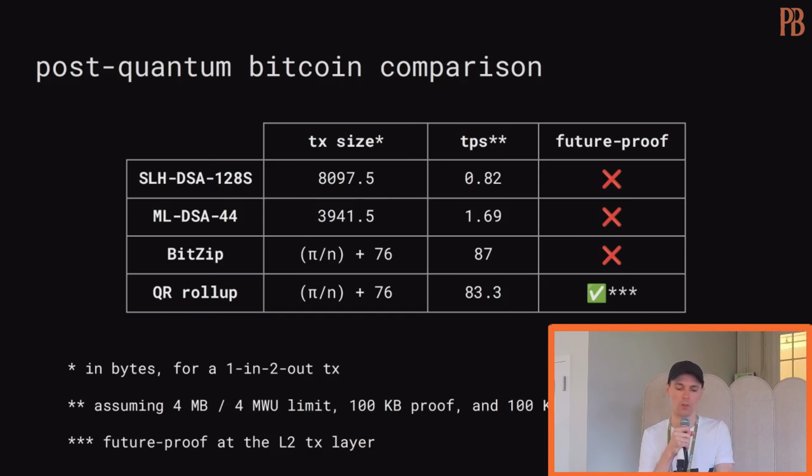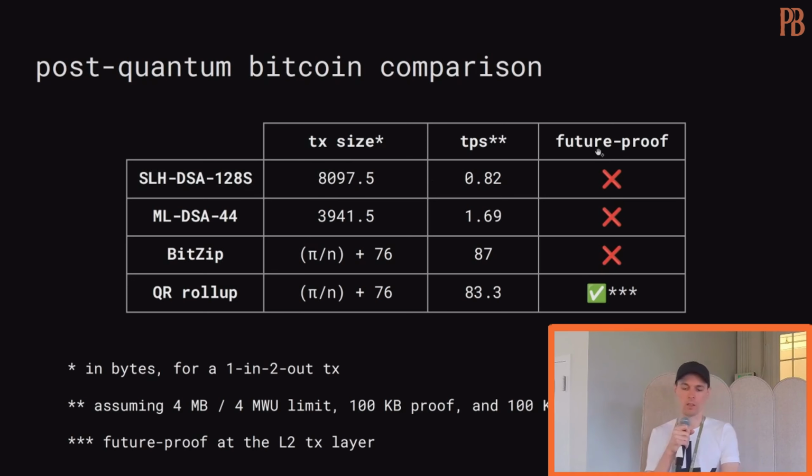But if your proof is like 100,000 bytes, and the raw transaction data itself that you're putting on chain is 76 bytes, then with a quantum resistant rollup, you could get 83.3 transactions per second, which is more than 40 times what your biggest post-quantum signature on layer one would be.